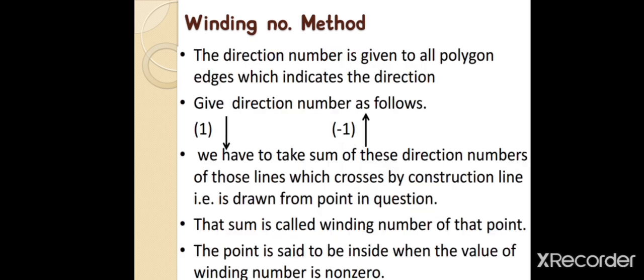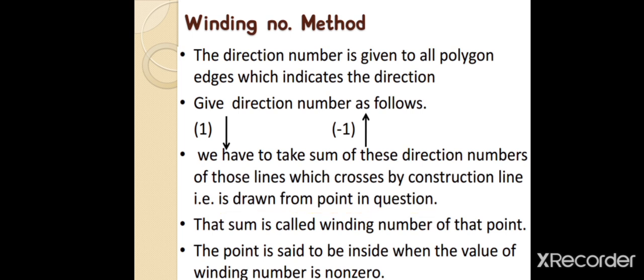Now let us start with this one. In the winding number method, a direction number is given to all polygon edges which indicates the direction. They give the direction number, down arrow as 1, up arrow as -1. We have to take the sum of these direction numbers of those lines which are crossed by the construction line, that is drawn from the point in question.